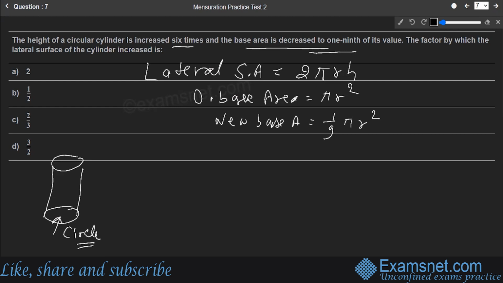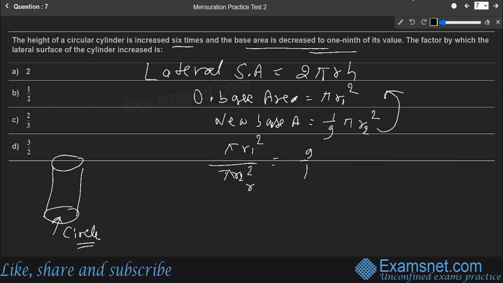If we relate this to the older base area, then we can find out what has been happening with the new radius. Let's say the older radius was r1, the new radius is r2. The ratio pi r1 square divided by pi r2 square is clearly going to be 9:1, because that has been reduced to 1/9.